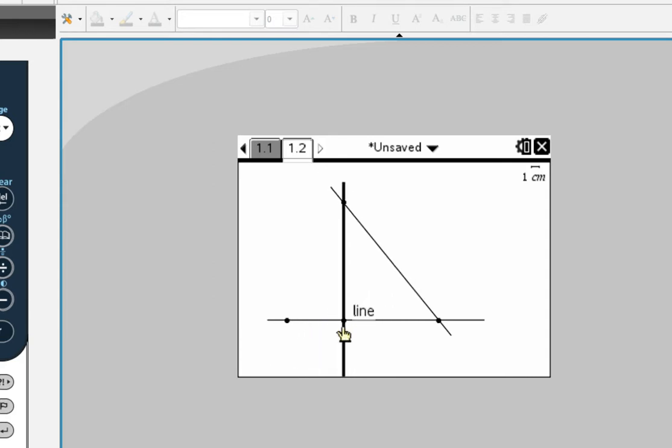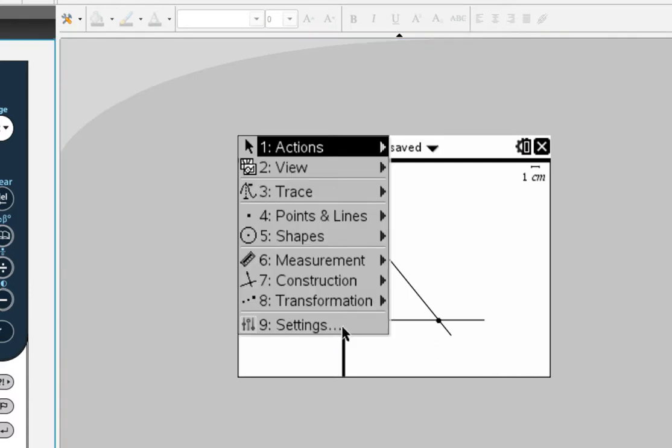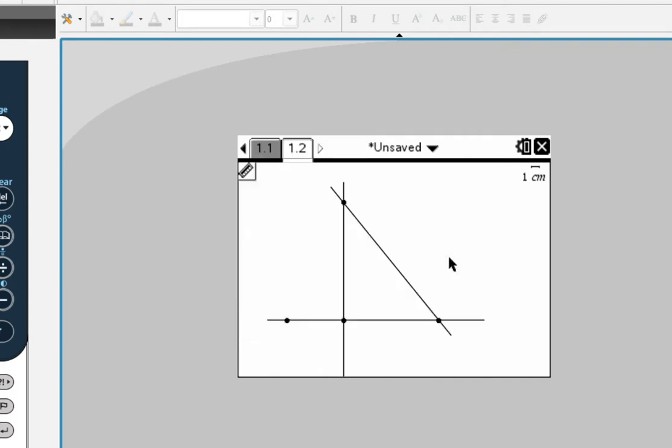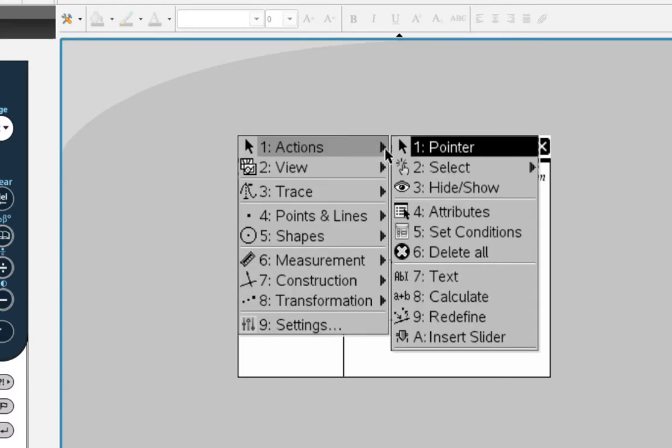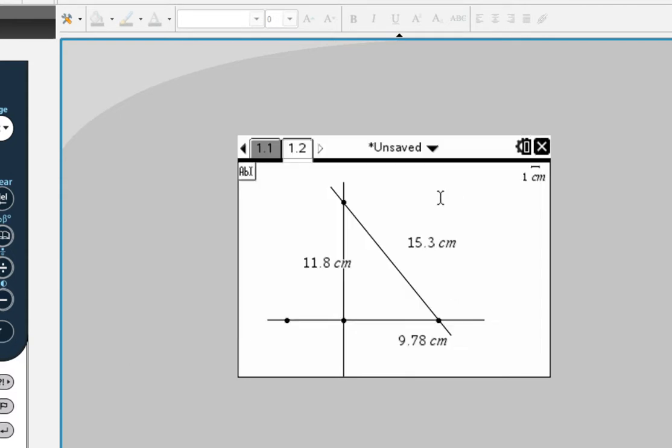But trigonometry has to do with different types of ratios. So I'm going to measure all these sides. Okay. And then I'm going to make a ratio. I'm going to make a couple ratios.